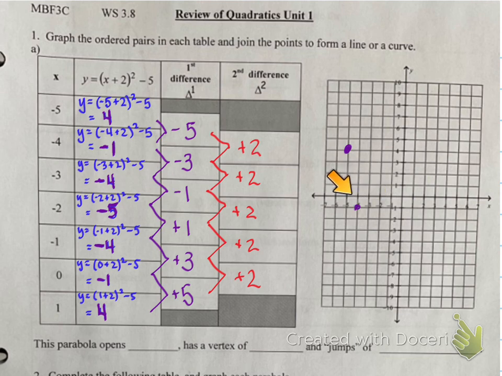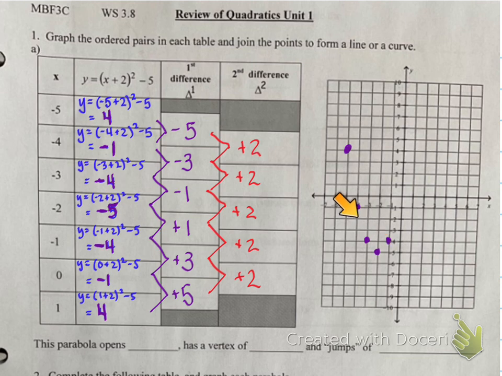So -4, -1. (-3, -4), my next point is going to be located here. And then we go (-2, -5), which is located right here. And then we have (-1, -4), so now we're hitting those mirror image points.